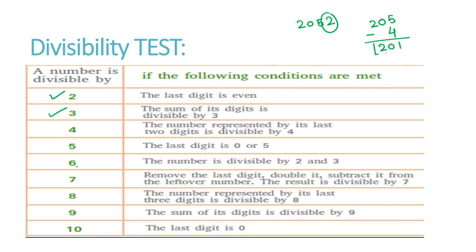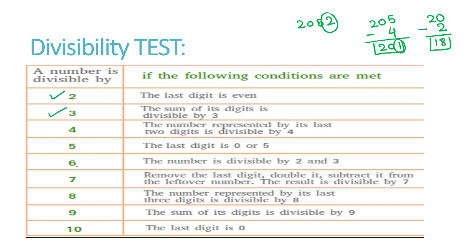Now, if this number is divisible by 7, then the entire original number is divisible by 7. Again, I want to check whether this 201 is divisible by 7 or not. I'll take the last digit, double it, so it is nothing but 2, subtract from the leftover, and it is nothing but 18.